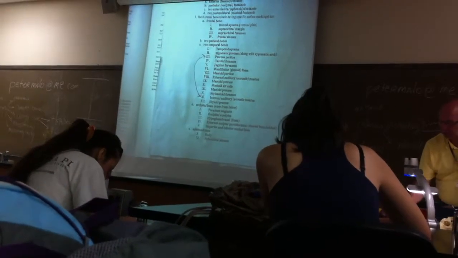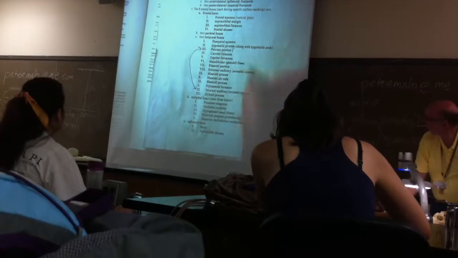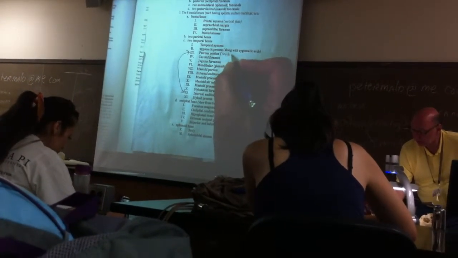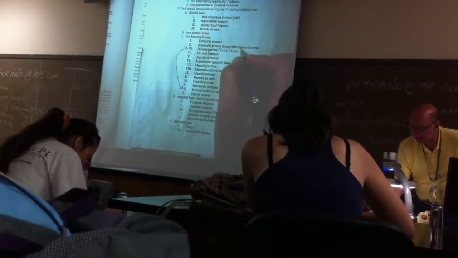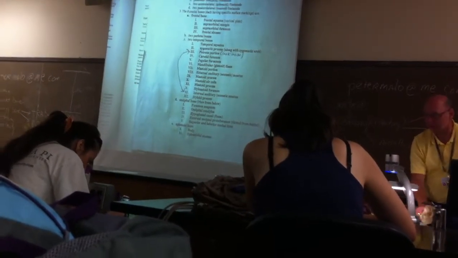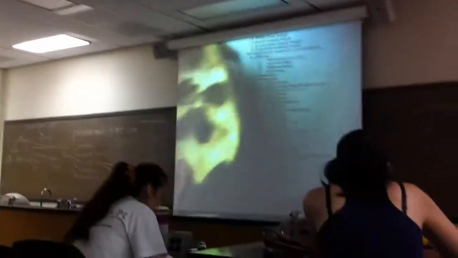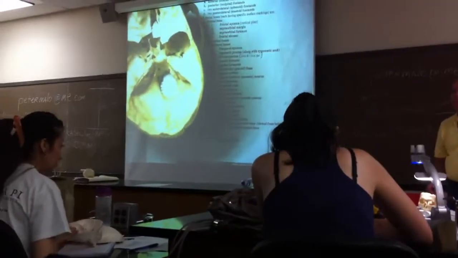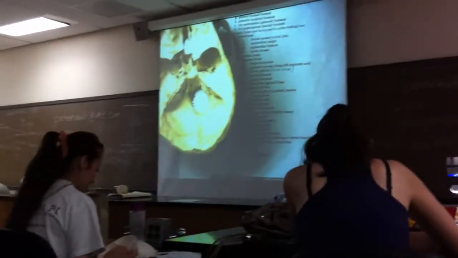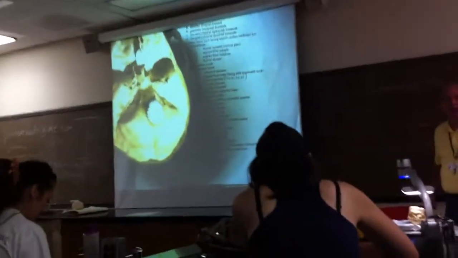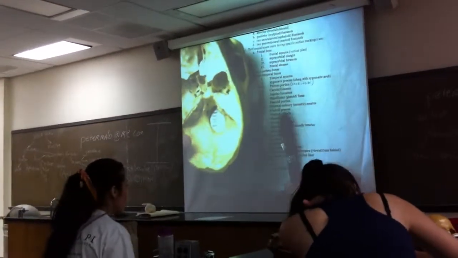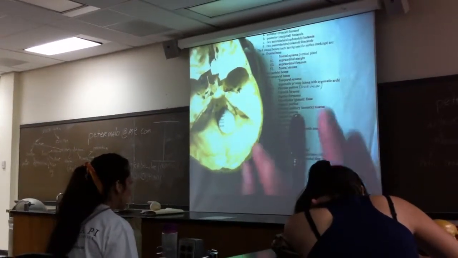And then what I want you to do in parentheses, I want you to write, look inside. Now we have to flip the skull over and look at the floor of the skull. Okay, look at the floor of the skull. Now, I had you draw these two to connect them together. Number 3, the petrious portion.